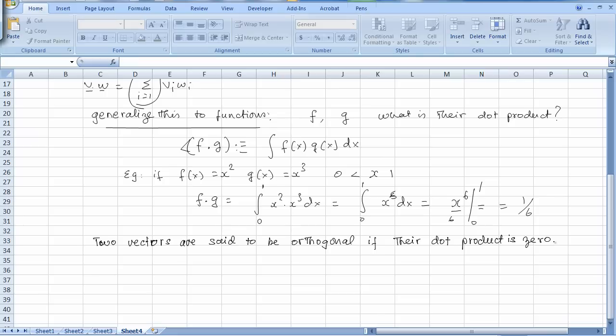For example, if I do the integral from 0 to L of sine m pi x over L times sine n pi x over L dx, it turns out to be 0 if m is not equal to n. That means this function f of x and this function g of x are perpendicular.